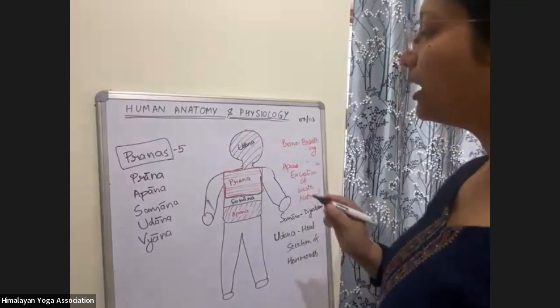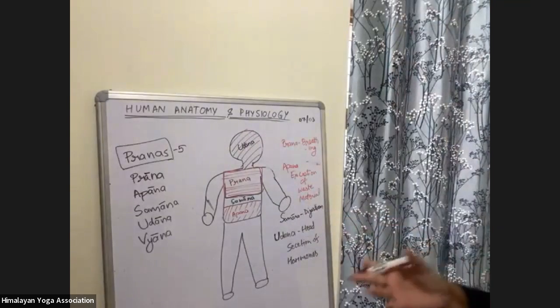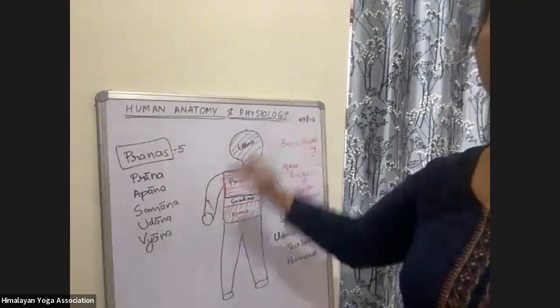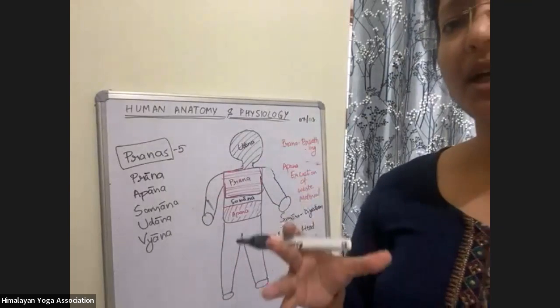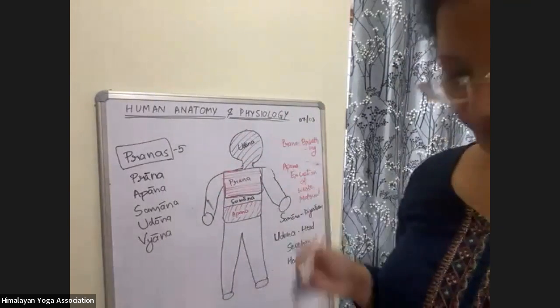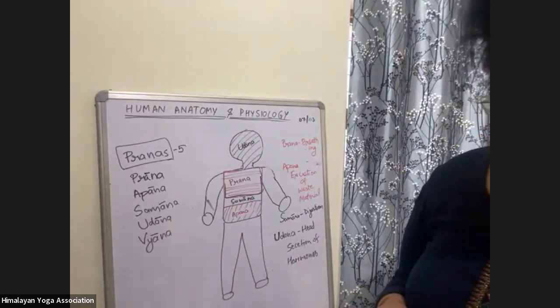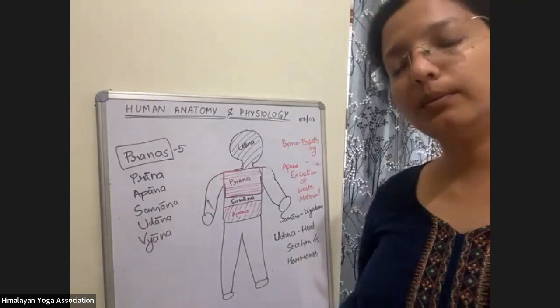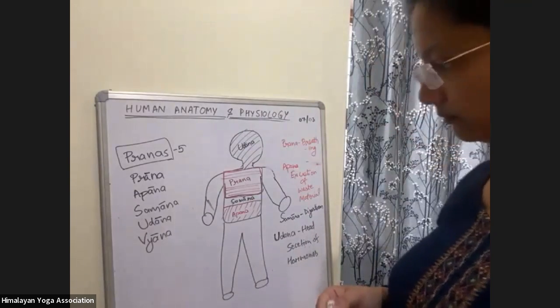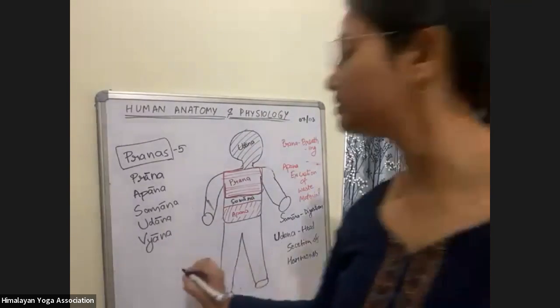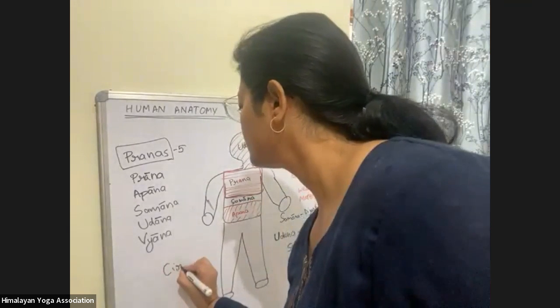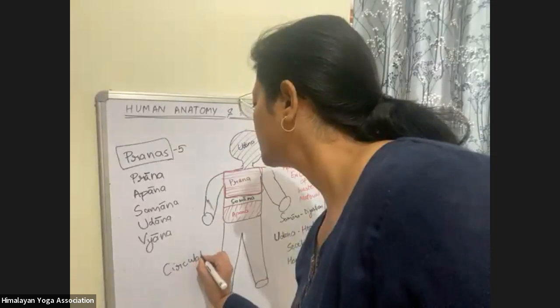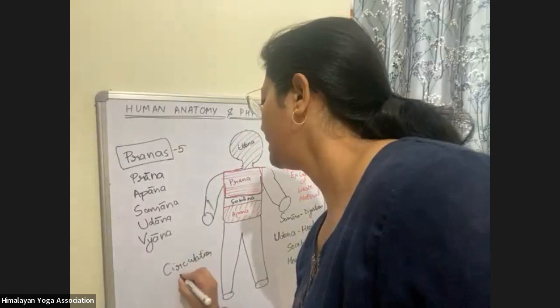Then there are certain things that happen all over the body. Can you tell me something that is present all over the body? Circulation, very good. Circulation of blood, and what else?